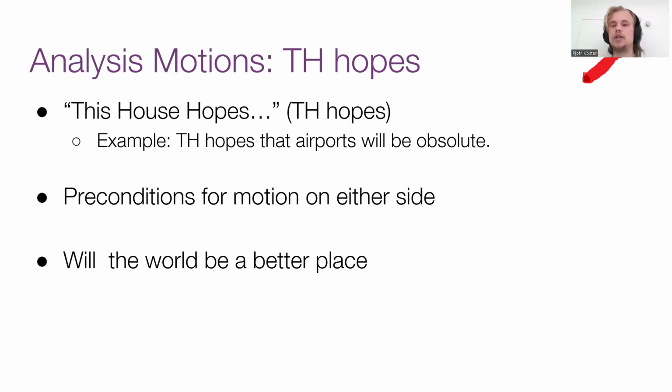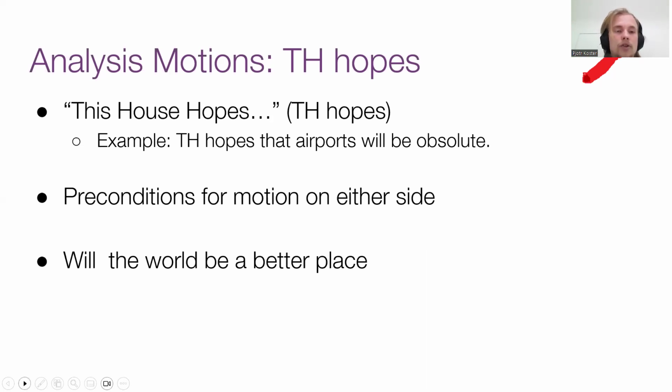If that is the condition to this, then opposition has the exact same. So opposition still has that train fares are relatively cheap and that people are able to use it, but airports just don't become obsolete. And then you still need to make arguments whether that's overall good or overall bad, but these preconditions become symmetric, so they apply to both sides. That's important to keep in mind.